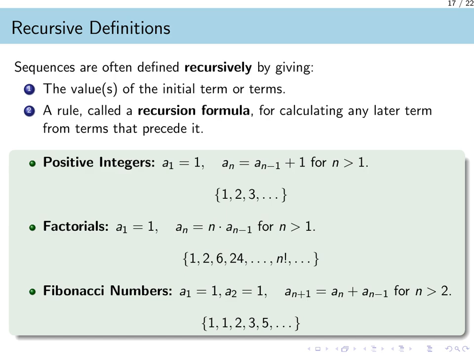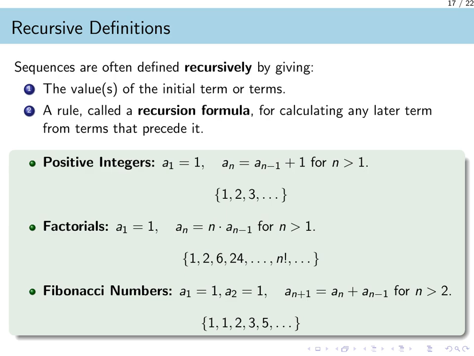For example, the positive integers can be defined by starting with a sub 1 equals 1, and then using the rule that a sub n equals the previous term, a sub n minus 1, plus 1. The sequence of factorials also starts with a sub 1 equals 1, but its rule is that a sub n equals n times the previous term, a sub n minus 1.